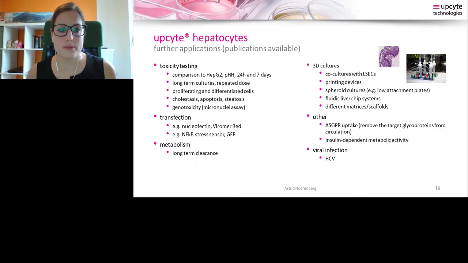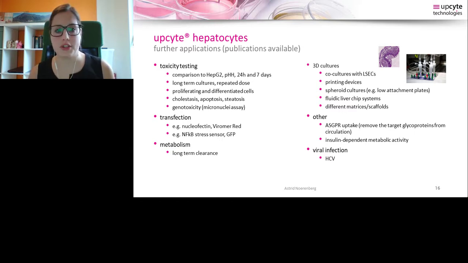You can use them for metabolism, what I just presented, for long-term clearance, for example, since they are stable for so long in culture, but also in 3D culture. You can co-culture them, for example, with liver sinusoidal endothelial cells or Kupffer cells.